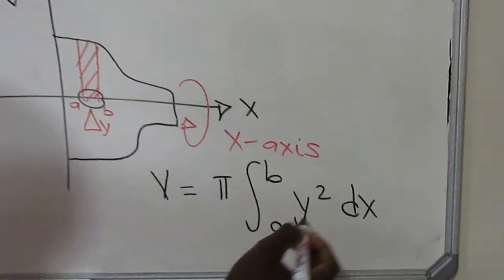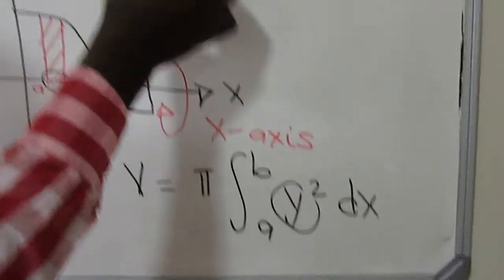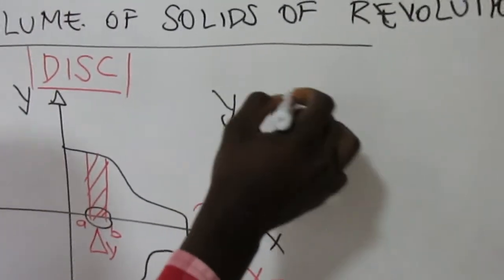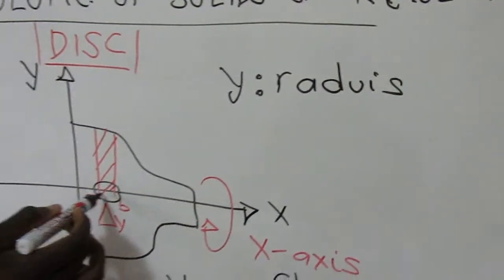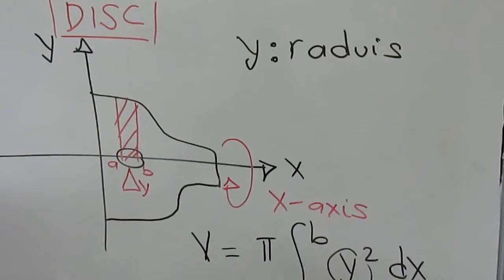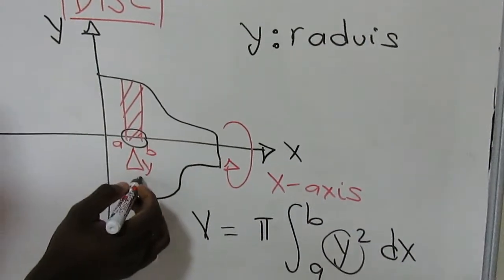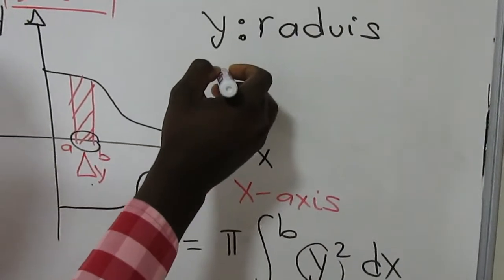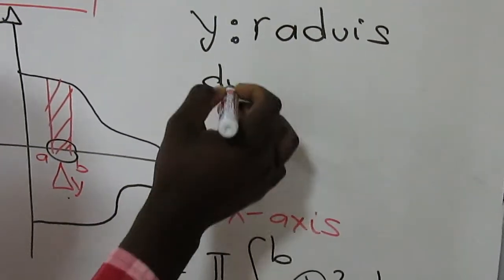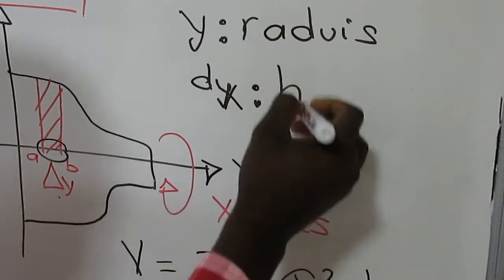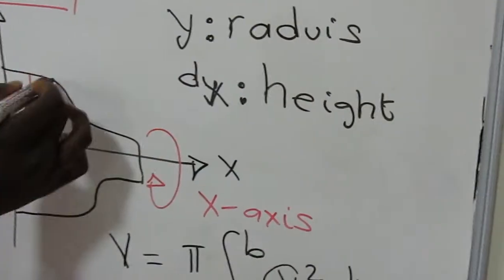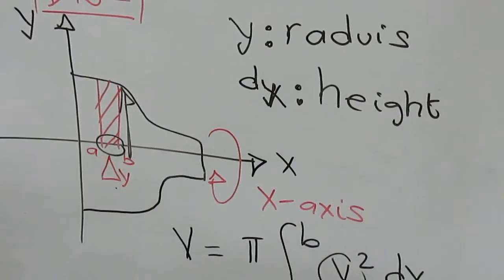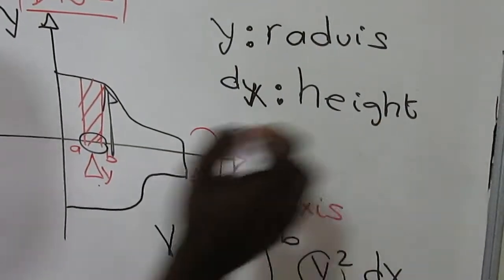But what is y? y is our radius. y will be the radius of this body, and this differential, dx, will be the thickness of this revolution.